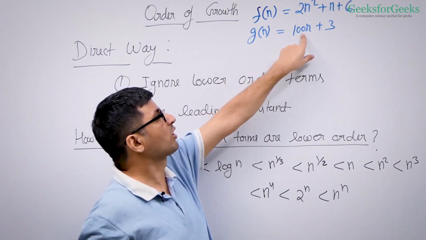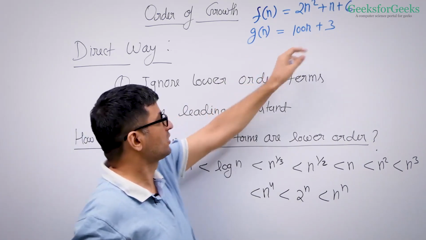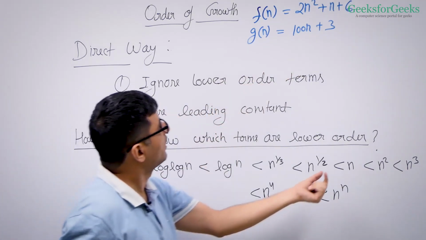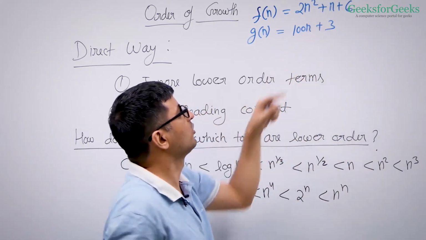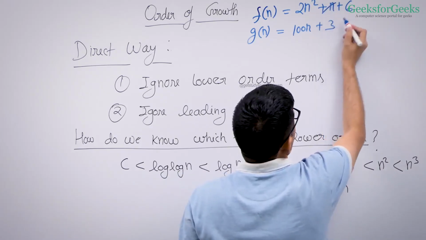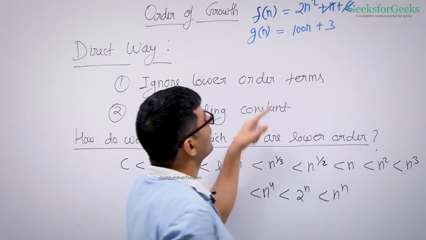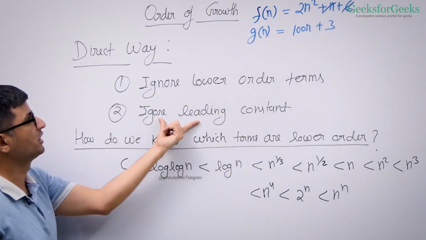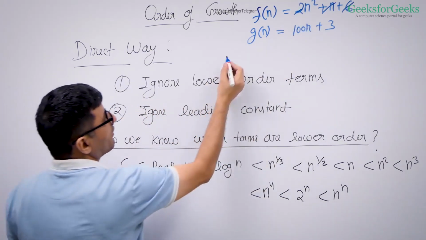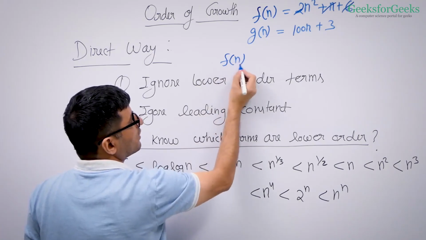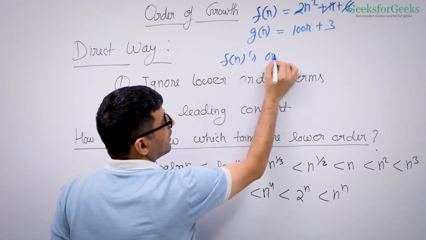You ignore the lower order terms of both the functions. So from here n square is the higher order term. So you can ignore n here, right? You can ignore 6 here. And you can ignore the leading constant. You can ignore this constant too. So you say that Fn's order of growth is n square.